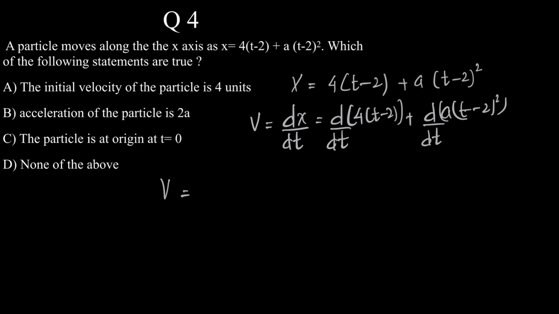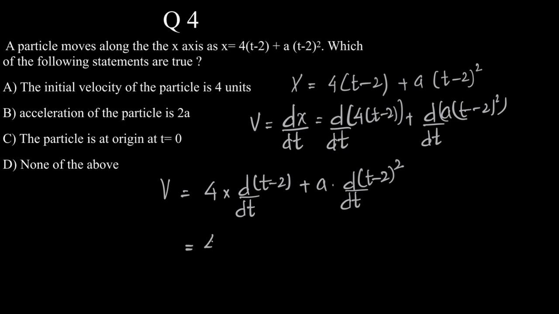So v can be written as 4 into d by dt of (t minus 2) plus a into d by dt of (t minus 2) the whole square.